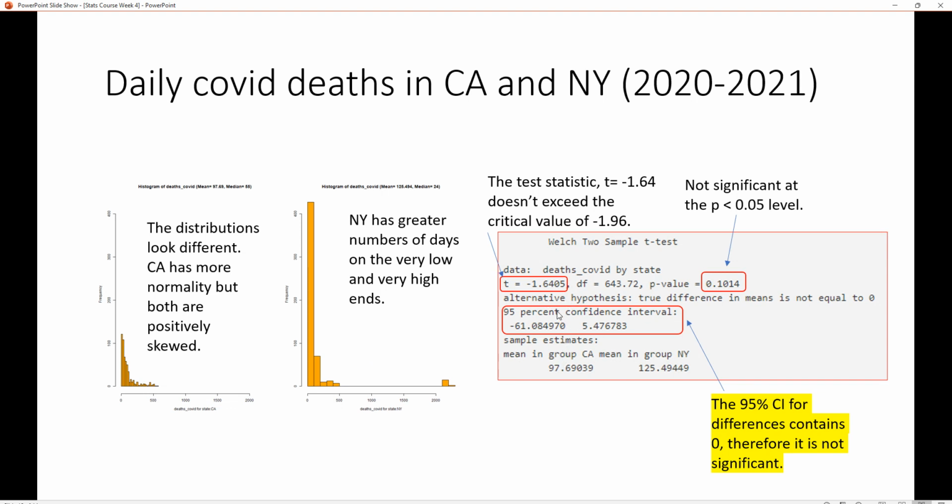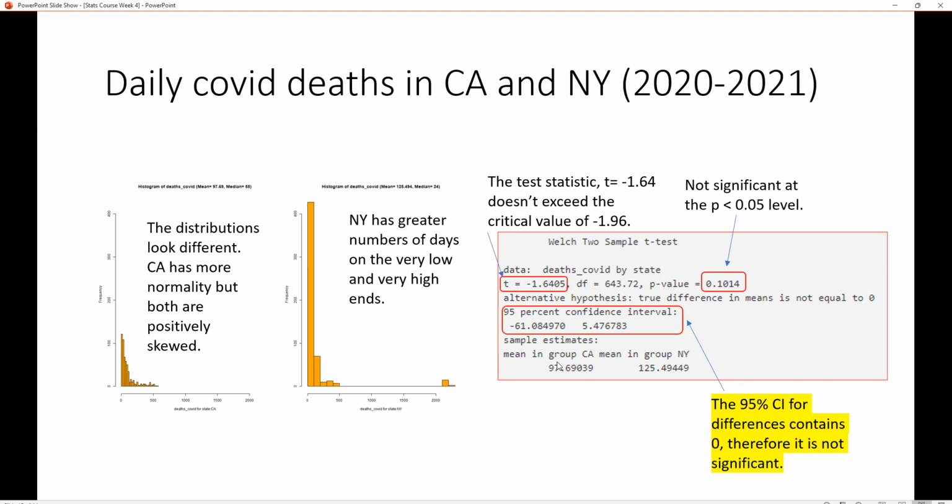So just to let you know, it's not uncommon to see negative test statistics or positive ones just by the mere chance of whichever one comes first in that analysis.